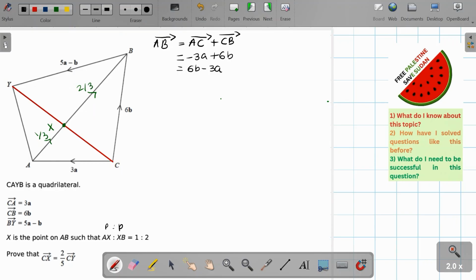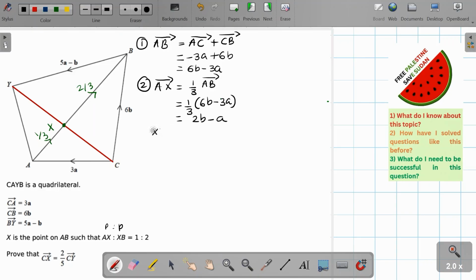So let's number this. This was the first thing I did. Second one would be AX is 1/3 of AB, which means it's 1/3 of 6b minus 3a. 1/3 of 6b is 2b. 1/3 of minus 3a is minus a.